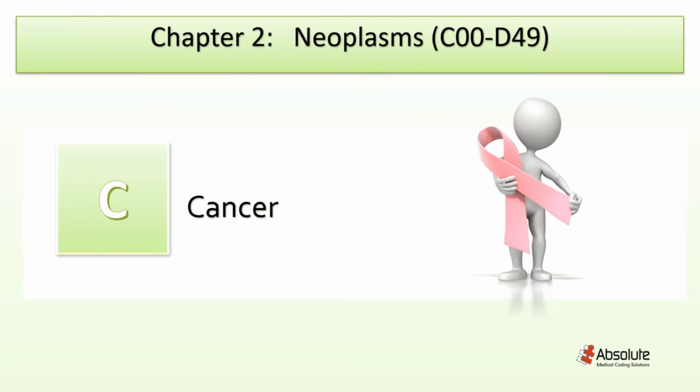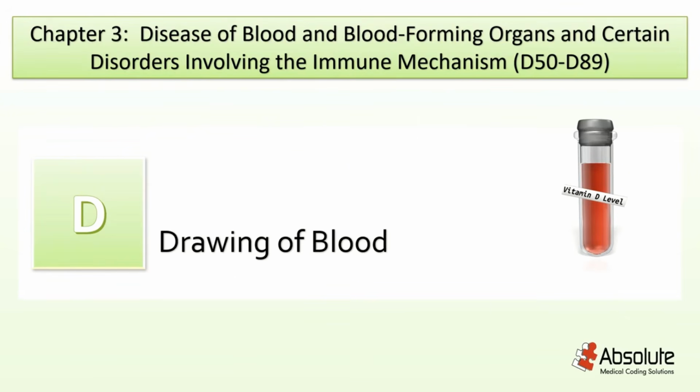Next chapter. In Chapter 3, all of the category codes begin with the letter D. You will find diseases of the blood and blood-forming organs and certain disorders involving the immune mechanism in this chapter. And it begins with D50 through D89.